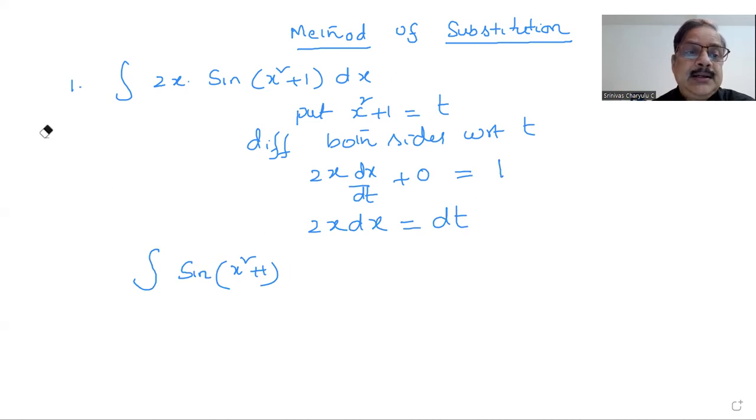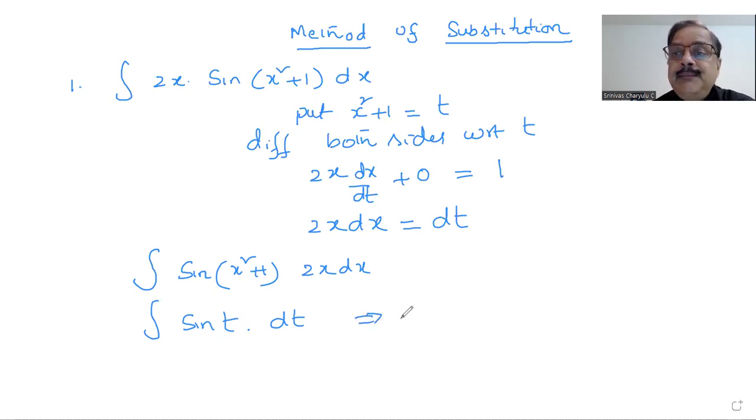I'm just rewriting this so that it will become easy to understand for you. Sine of x square plus 1, now I can write sine t. 2x dx I can write dt. See, it became simplified. What is the integral of sine x? You know very well, minus cos x. So this will become minus cos t plus c.